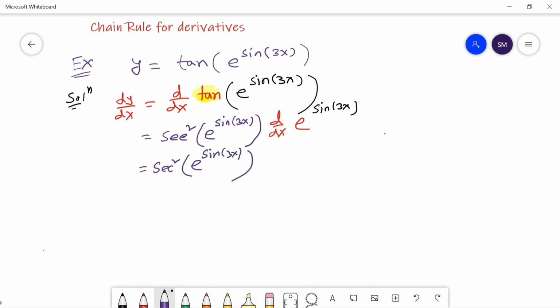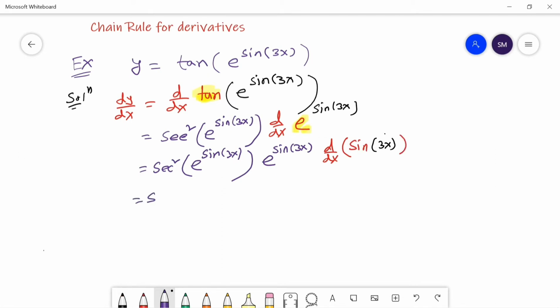The second step: we have secant squared e to the power sine 3x as it is. Then the derivative of the exponential function is the exponential function itself, so we write e to the power sine 3x, and then again apply the chain rule. The next derivative will be the derivative of sine 3x.